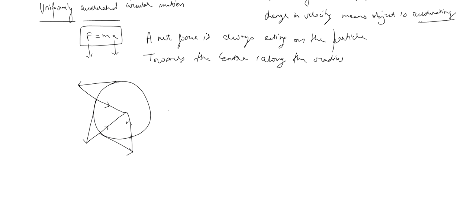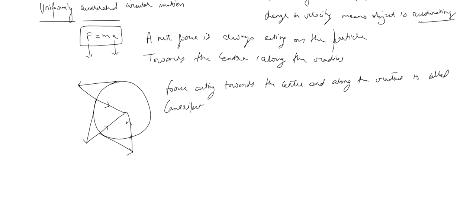So this force acting towards the center and along the radius is called centripetal force. From the name only, it is clear that centripetal means it is acting along the center.